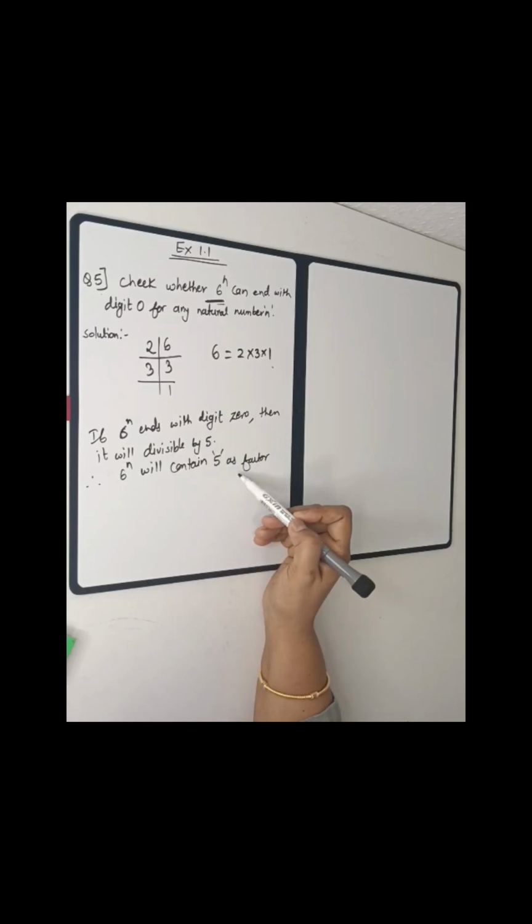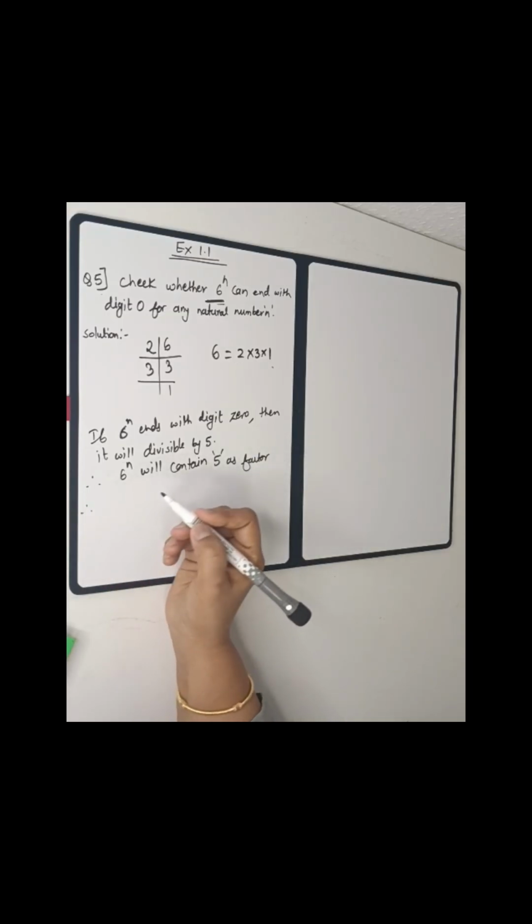If this is the case, it will contain 5. Therefore, as we know the fundamental theorem of arithmetic, there is only one way of having a prime factorization of any number.